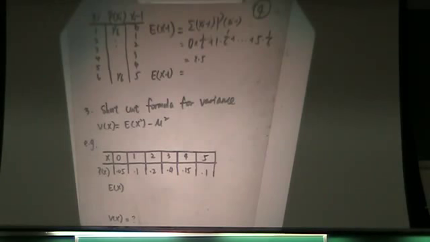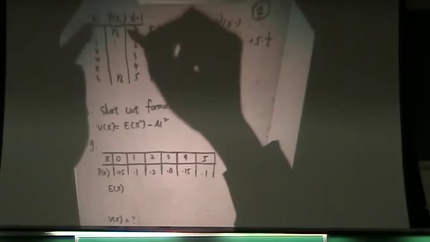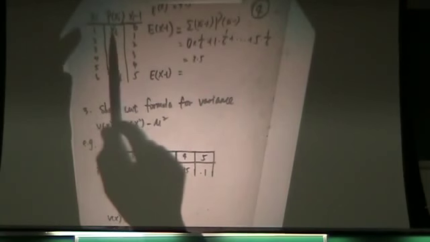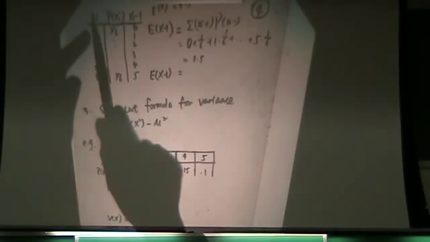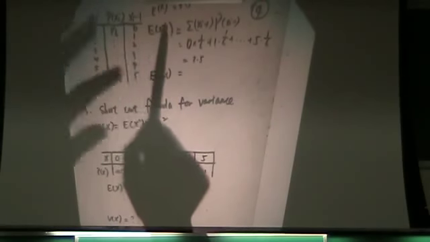Yeah, I didn't give you. So the expected value of x is 3.5. You get this number when you take the product of xi times p(xi) and then do the summation.